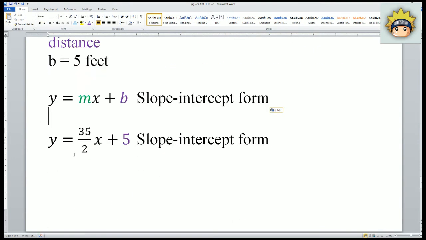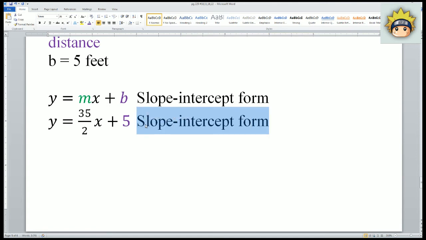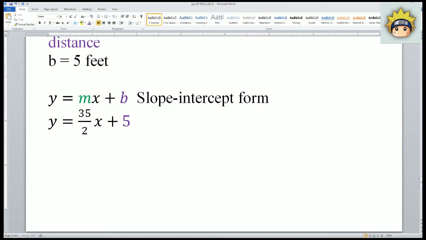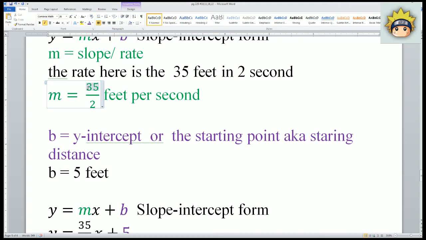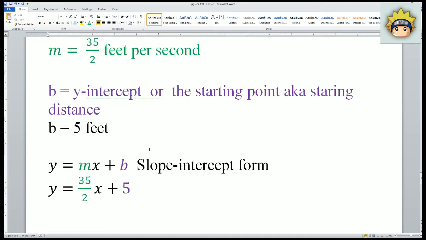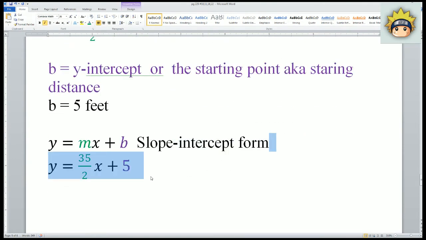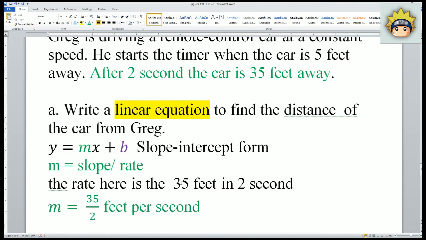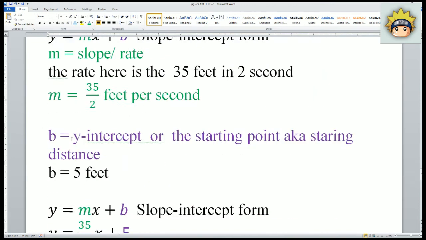So let me just write slope-intercept form, then I can make the substitution here for you. The slope, I'll make that green, then the y-intercept is 5. That is my equation that describes the distance of the car from Greg.